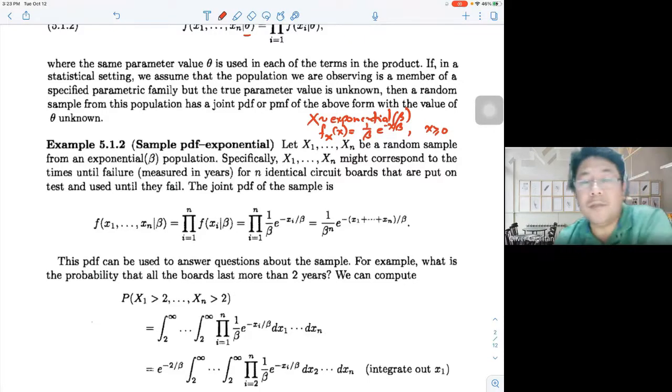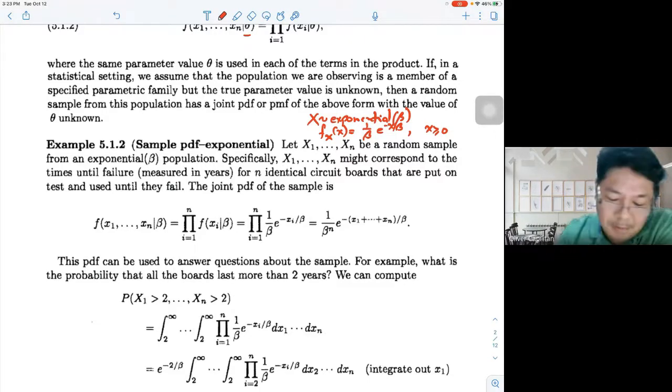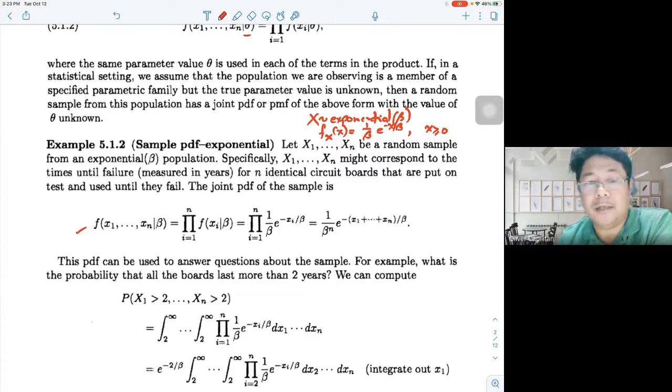Now if we're going to determine the joint PDF of the sample, since we have a random sample, that means our random variables are IID. So we can just use our definition for independence, the product of the marginal distributions, and then we just substitute the distribution, the PDF, for each x sub i, and after that apply the product operator.